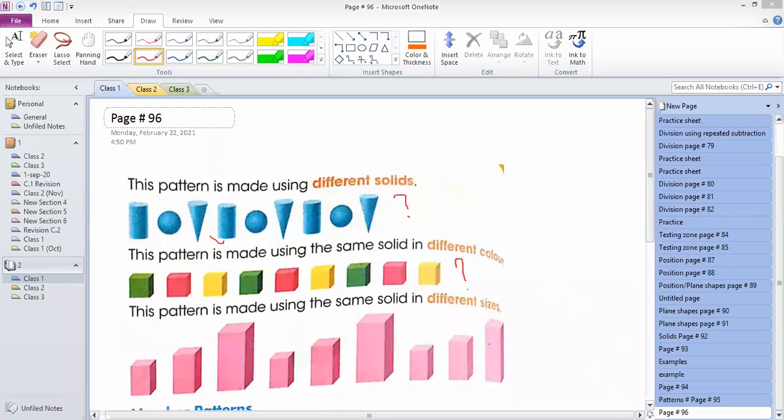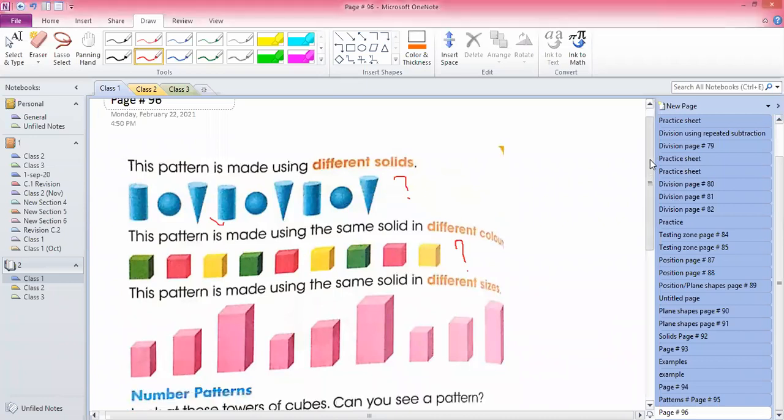Okay, guys, in the solids also we can make a pattern by using different sizes, like we made a pattern by using different colors. So look, these all are cuboids, but they are different in size. Smaller, bigger, biggest. Smaller, bigger, biggest. Smaller, bigger, biggest. Okay.